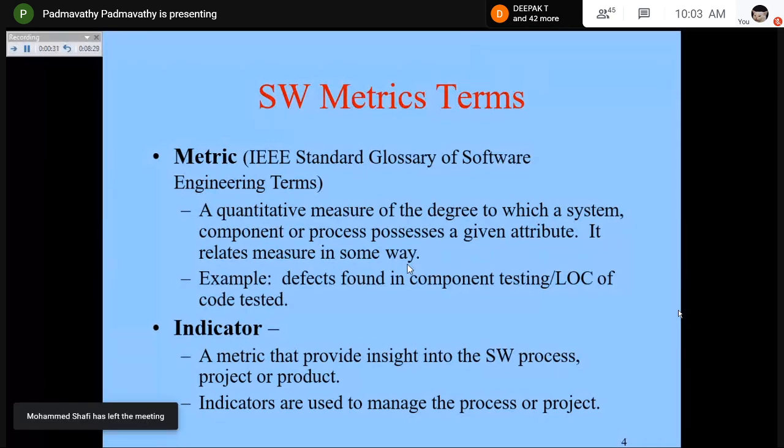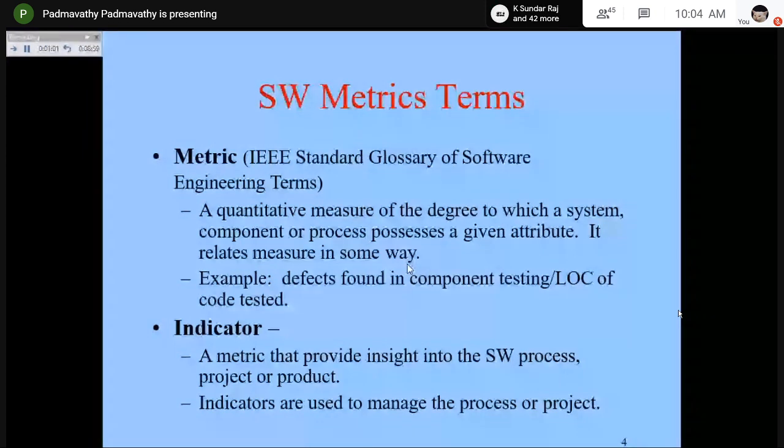I'll tell you, like if you have written a program with 100 lines of code, and number of errors found in these 100 lines is 3. Okay, so another person has done another program with 200 lines of code, and the error found in his program is 2. Then how will you assess the two programmers if you are going to give them some increment, okay, bonus for his work?